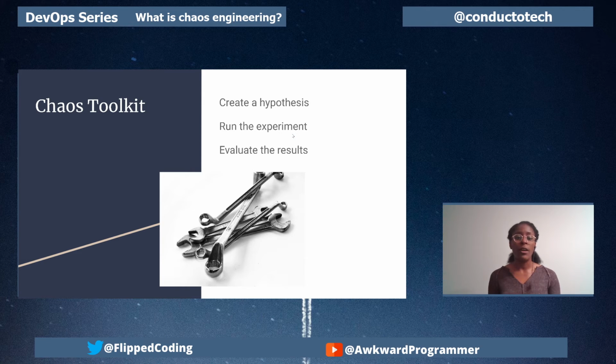Then you can go ahead and run that experiment. Of course, you won't be shutting down an entire region of servers, but you can pretend that a server in a specific region you use has gone down. And then once you've run this experiment, you can go ahead and evaluate those results. And the results will show you just how much your application or your system deviates from that initial steady state.